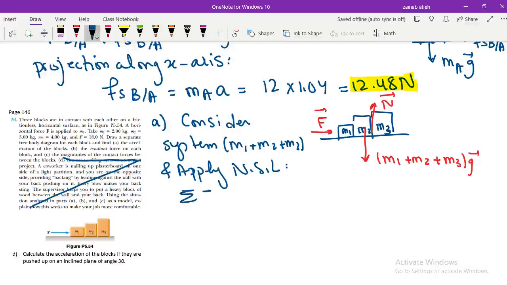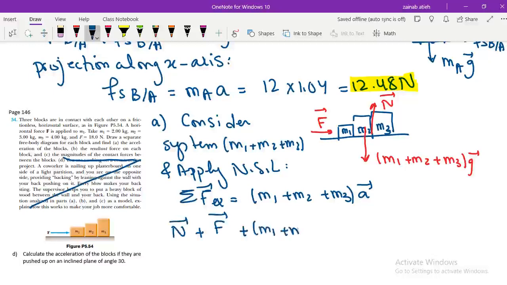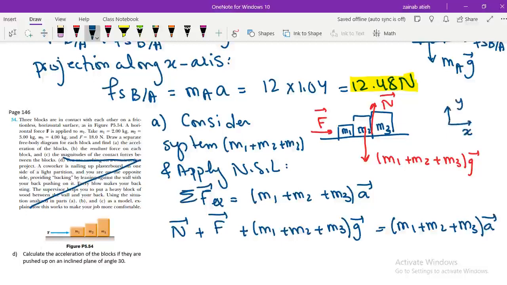So we have sum للF external equal to M1 plus M2 plus M3 A. We have N plus F plus M1 plus M2 plus M3 G equal to M1 plus M2 plus M3 A. بما أنه أنا عم فتش على acceleration so I will only project along x-axis. ال x-axis مع الموشن راح أخده وال y-axis is perpendicular to x-axis.